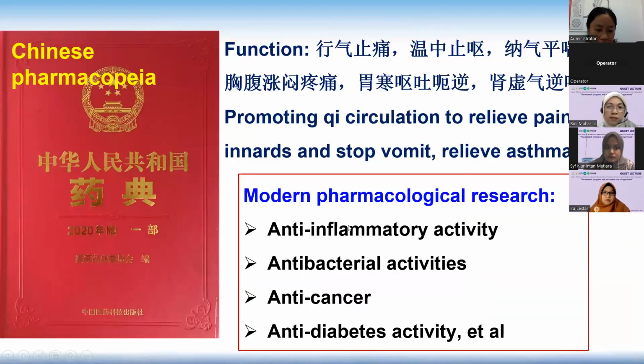And as a traditional medicine, Agarwood is listed in the Chinese pharmacopoeia.